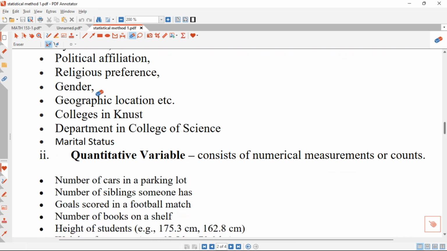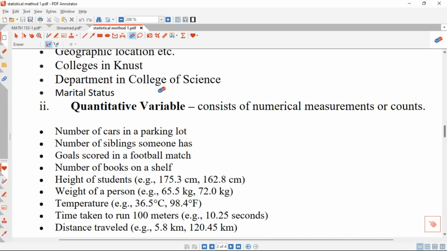The second on my list here is quantitative variables. Quantitative variables consist of numerical measures and counts. So quantitative variables have the nature of numerical measure, right? It means that you can measure these variables, and in some cases you can count them.